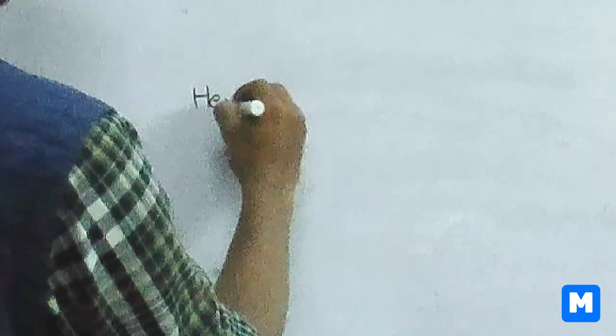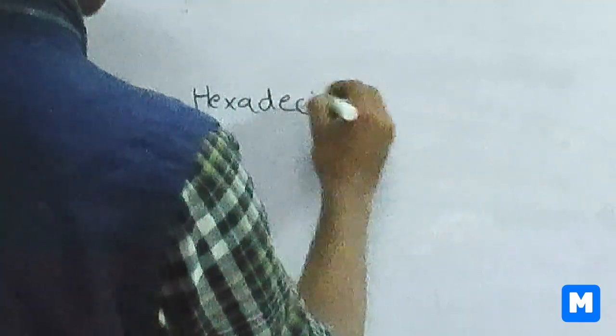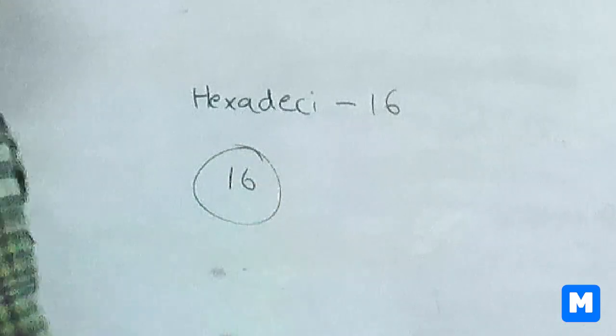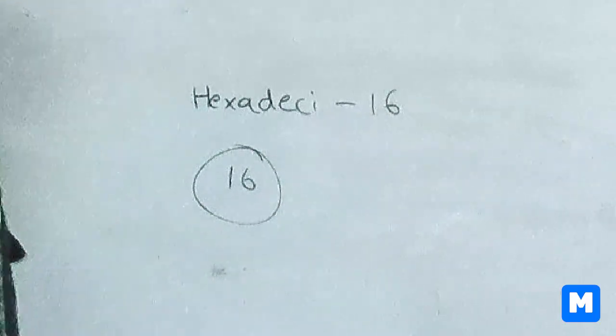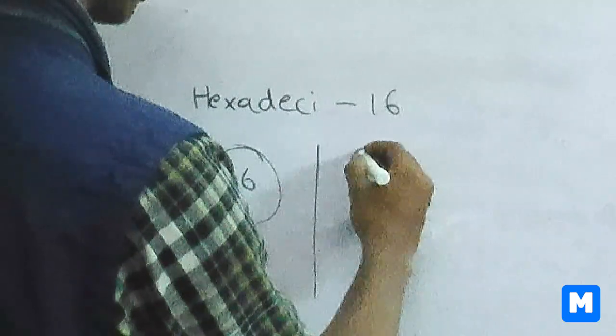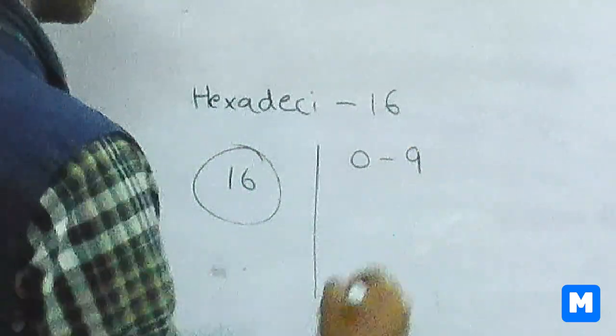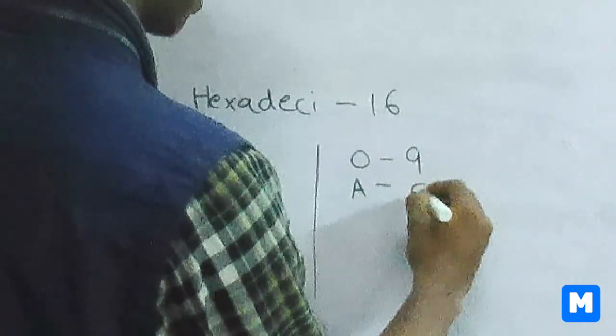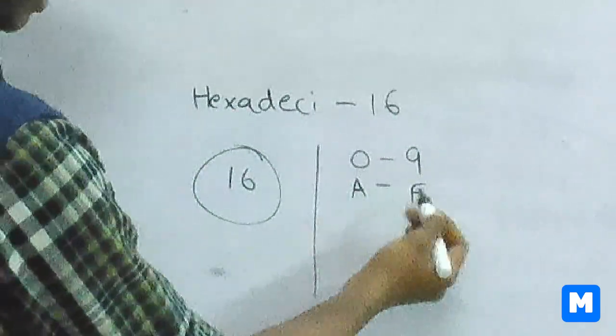Since hexadecimal means 16, 16 is going to be our base for all conversions. In the hexadecimal system, the symbols start from 0 to 9, and 10 is represented by A, and 15 is represented by F, and everything in between.